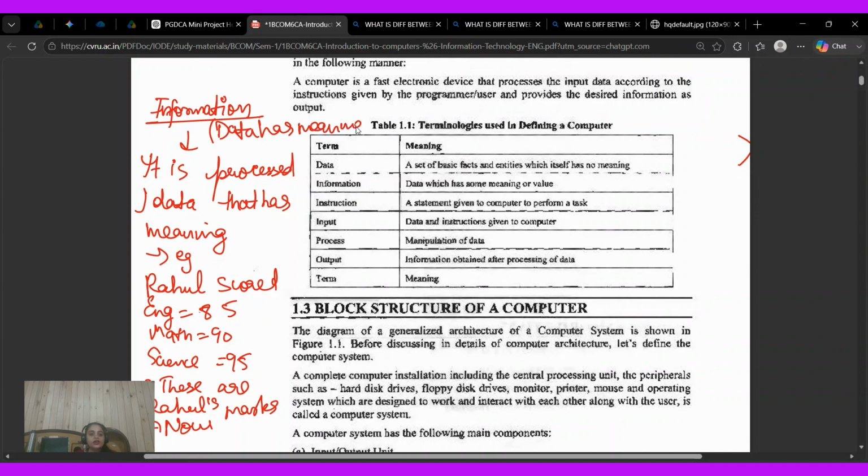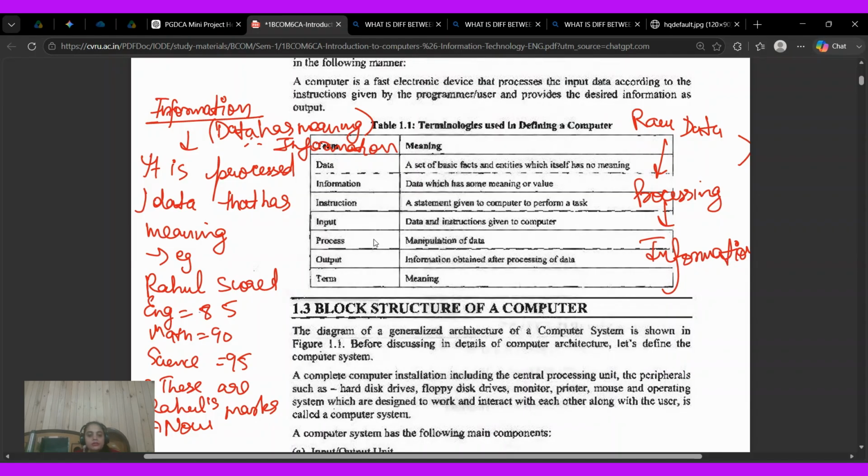Therefore, information. Now you know the difference between data and information. Raw data, through the step of processing, is converted by the computer into useful information. Hope you got it now.